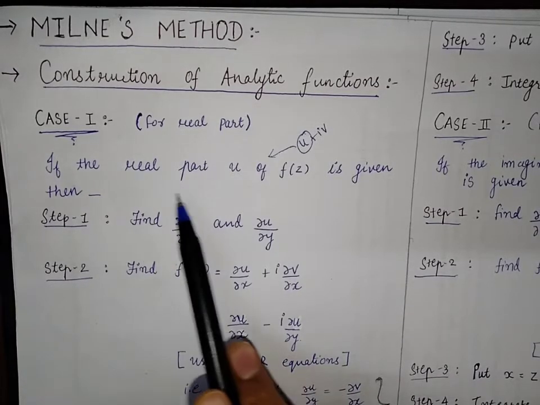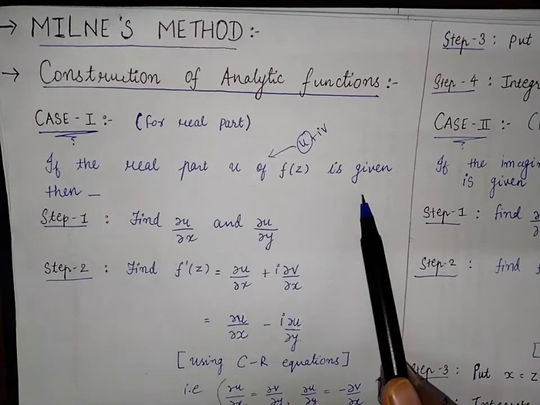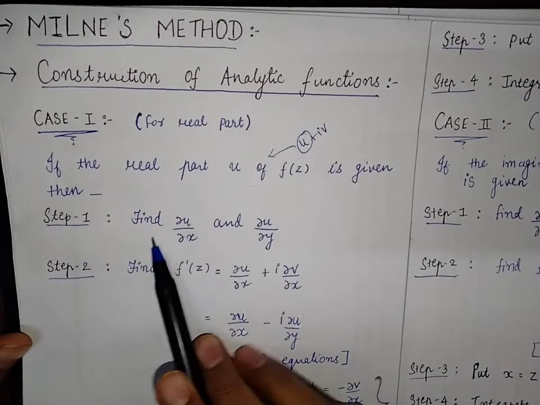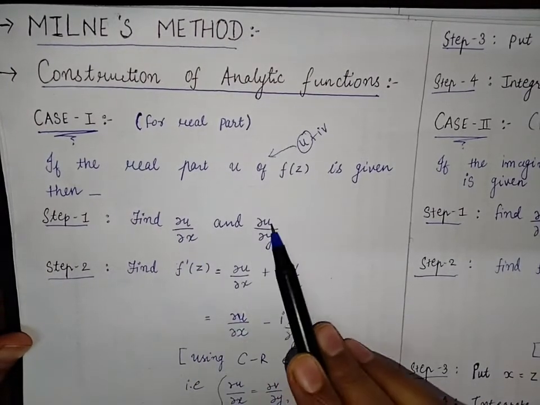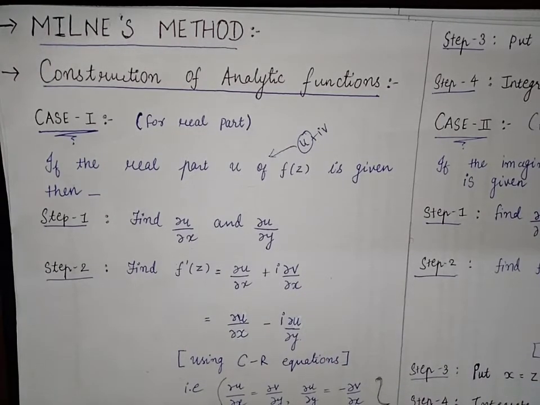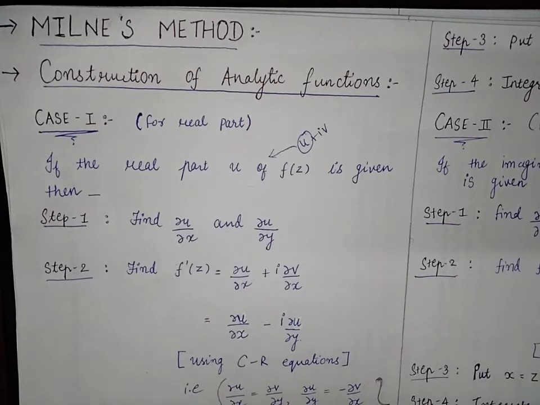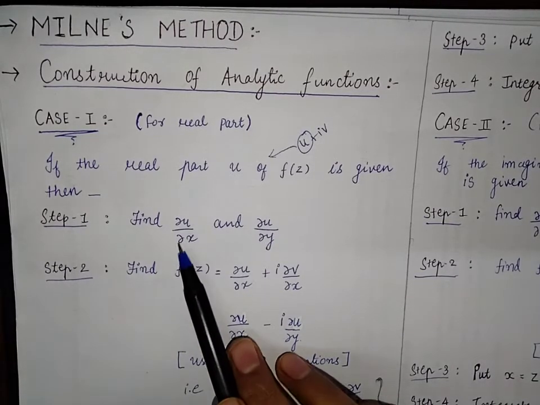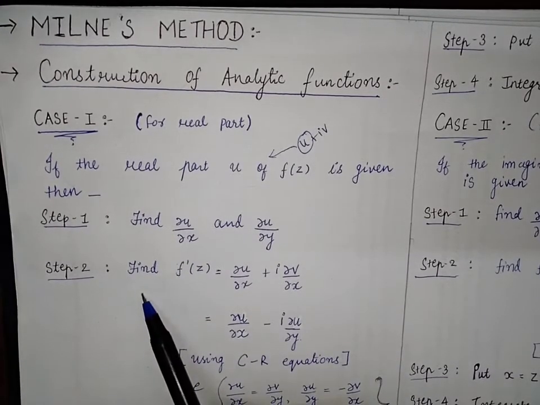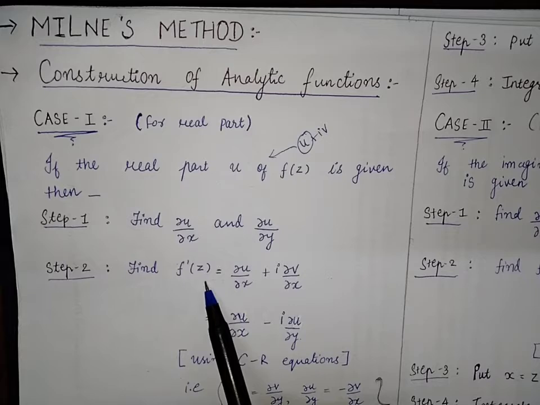So if the real part u of f of z is given, then the first step of this method is you have to find del u by del x and del u by del y. You all know how to find del u by del x and del u by del y. Then the second step: after finding them, you have to find f dash of z.